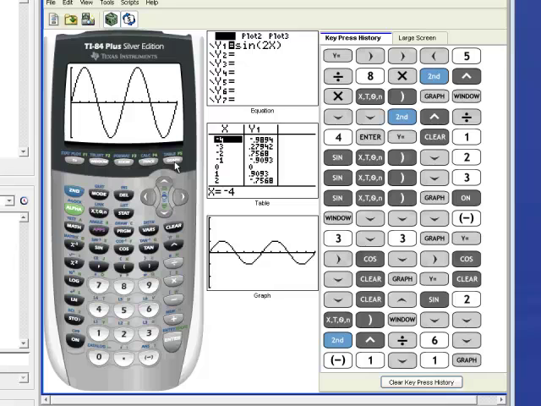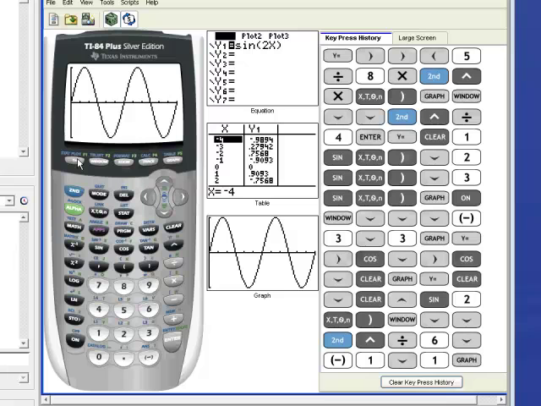Because of the 2, the sine wave is faster, and we're able to squeeze more waves in the same window setting of 2 pi. With a period of pi that we had calculated earlier, there are 2 sine waves in here.